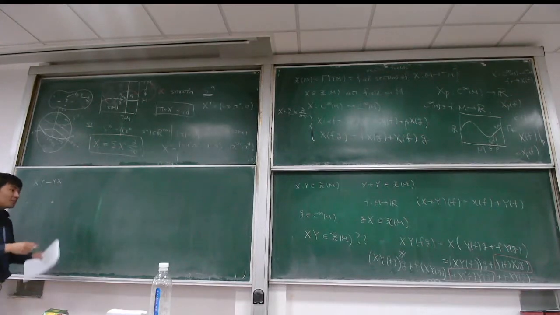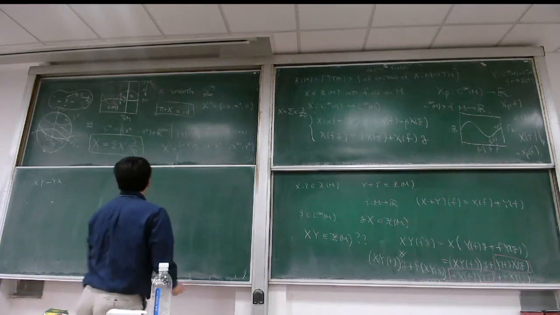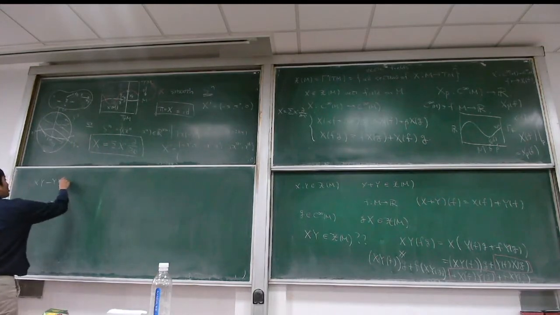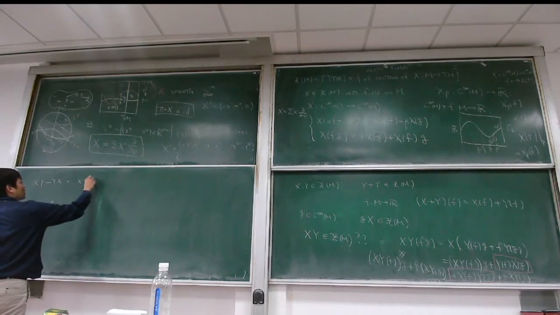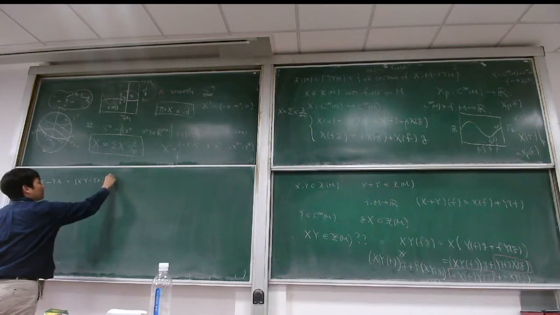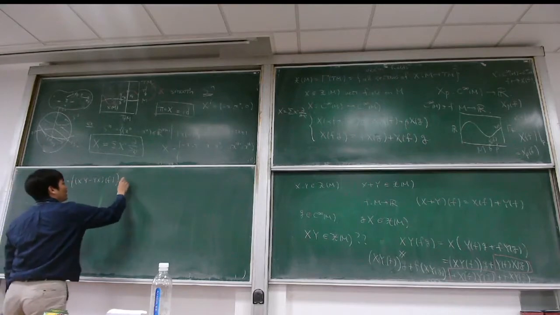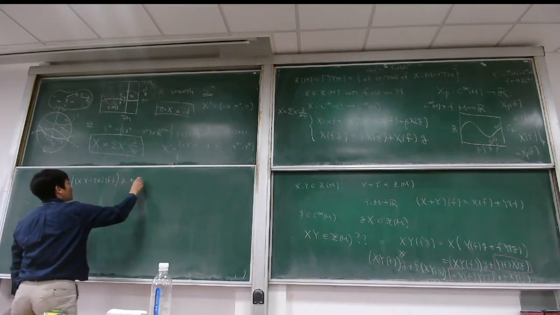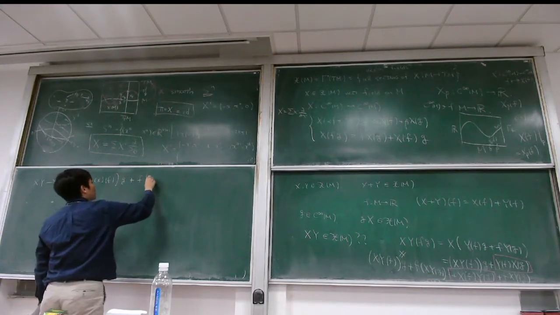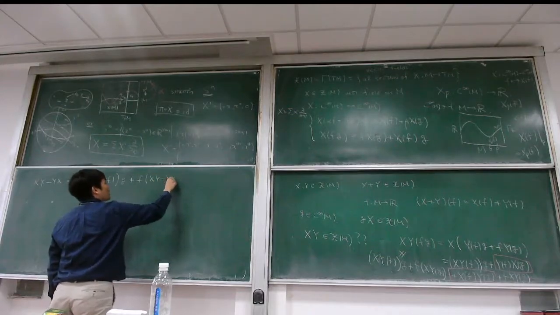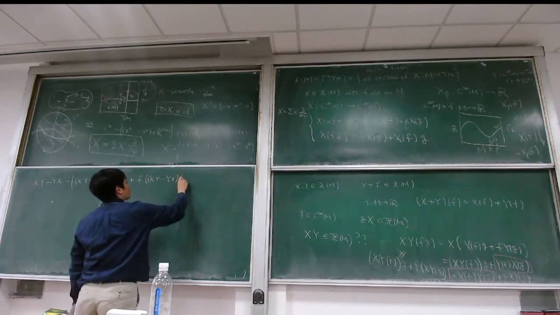Then you can easily see that this one is equal to XY minus YX acting on f, times g, plus f times XY minus YX acting on g.